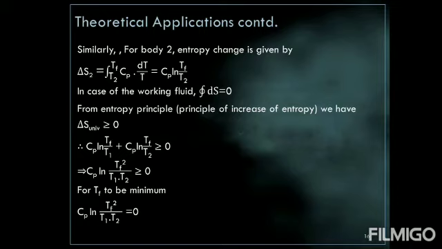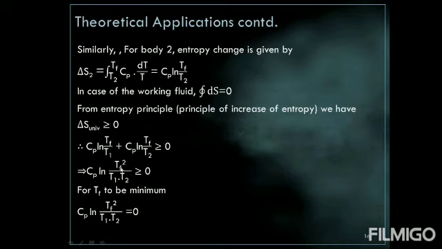Now from the entropy principle we know that entropy always increases, it never decreases, therefore Cp ln (Tf by T1) plus Cp ln (Tf by T2) is greater than or equal to 0. Now the value of this part, Cp ln (Tf square by T1 into T2), is minimum when Tf is minimum, since these three are constant, so this will be minimum, that is equal to 0, when Tf is minimum.